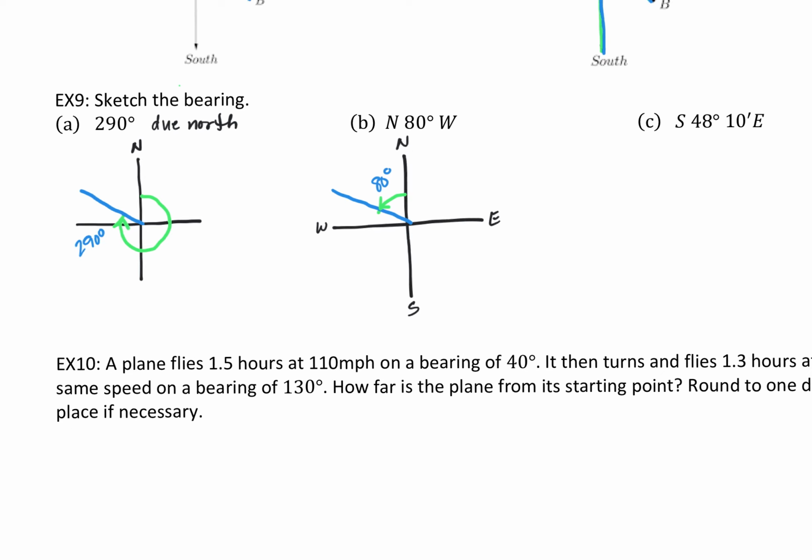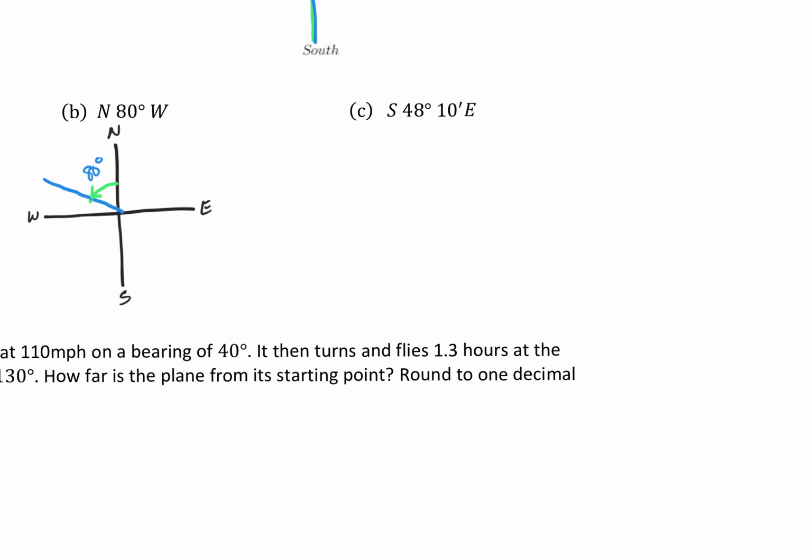Part C, we have south 48 degrees, 10 minutes east. Now, whenever you're sketching a bearing and you have minutes, it is not necessary to translate that to decimal. And that's because this is 48 point, a very small amount.